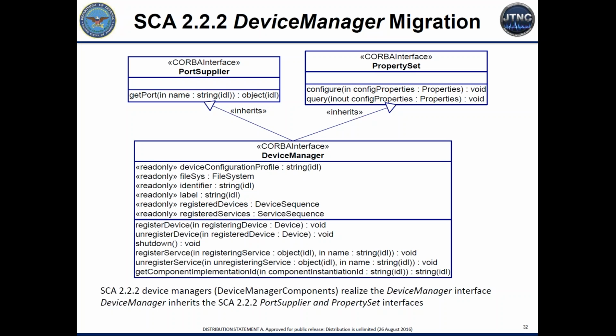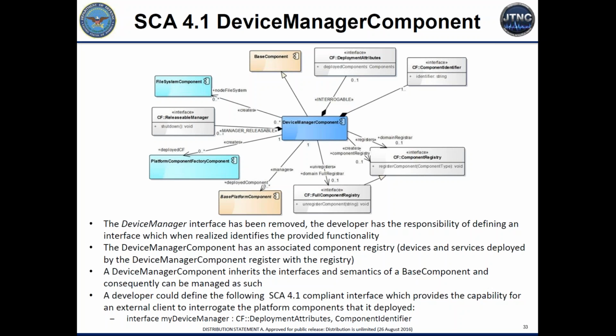The device manager in 222, here is its interface. You'll see that it inherits from the port supplier interface and the property set interface. When you look at 4.1, it becomes a little bit different. Device manager now inherits from base component.